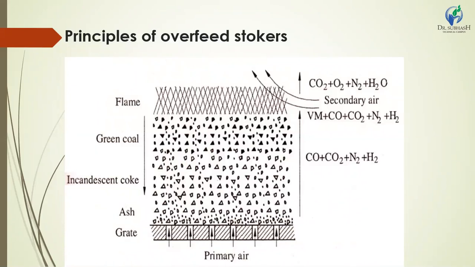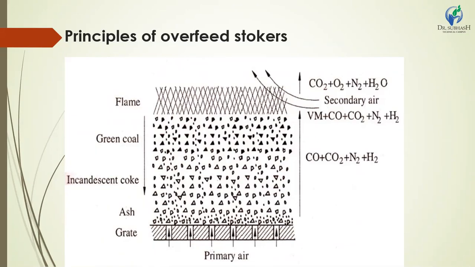It consists of distinct regions of green coal, incandescent glowing with heat, the coke and ash from top to bottom. The primary air coming from the forced draft fan enters the grate from the bottom side.